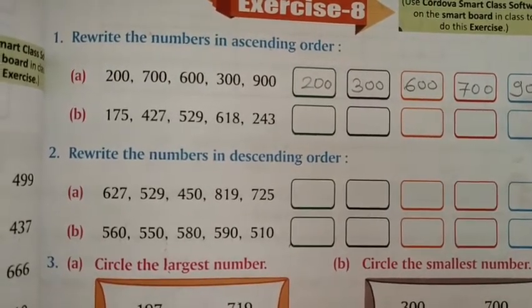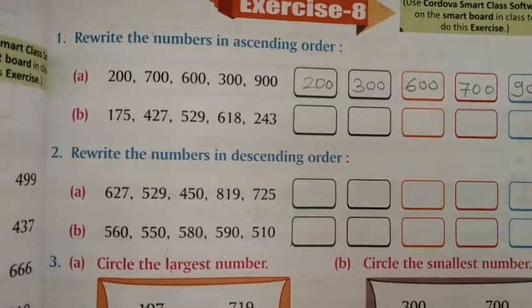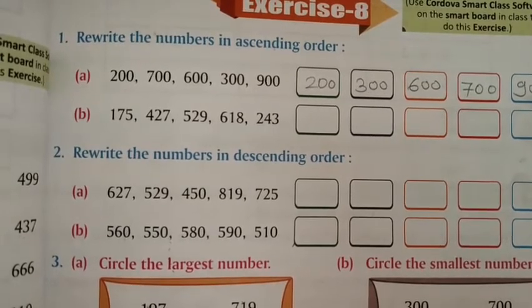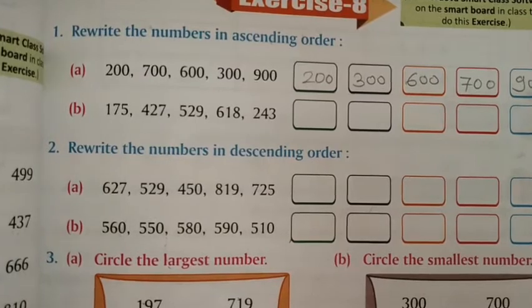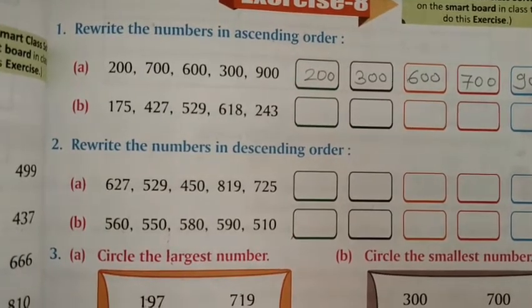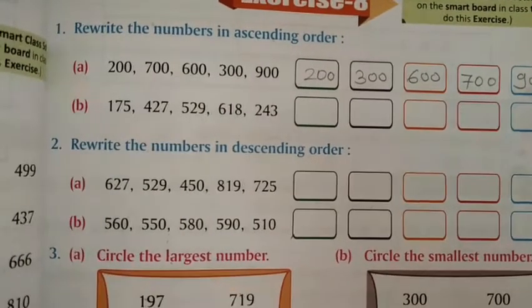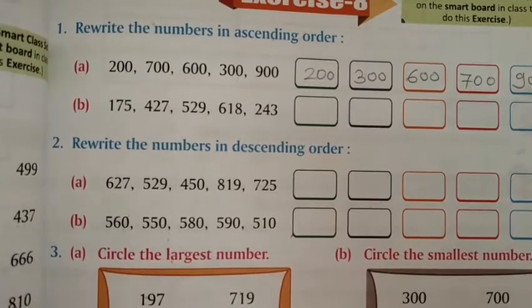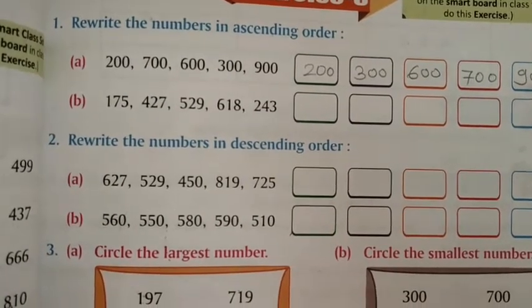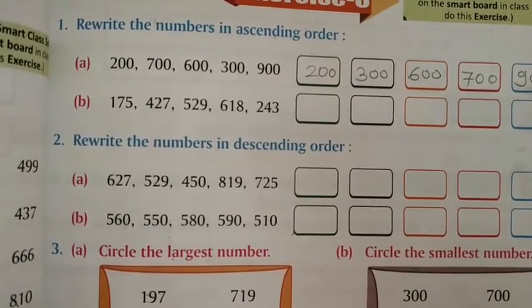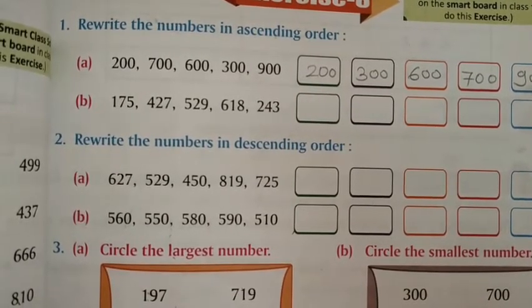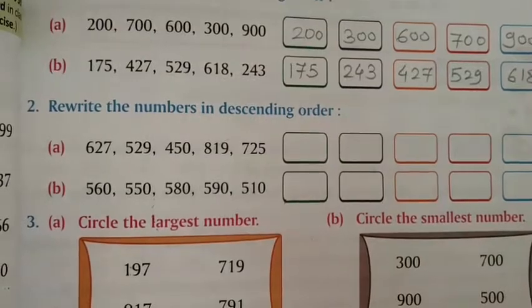Then 427. And then 529. And then 618. 1, 2, 4, 5, 6 is the hundreds place in ascending order. Very simple, students.